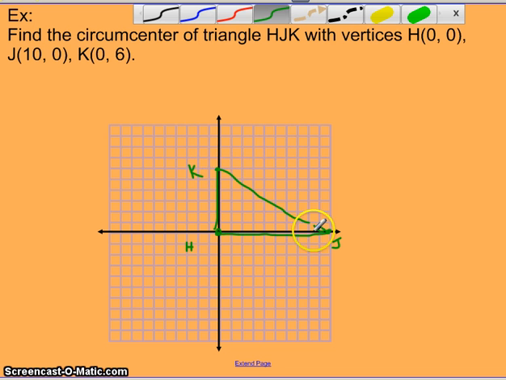The hard one would be the hypotenuse of this right triangle, to figure out where I need to draw the line this way, which I could count some rise over run, and then I could flip it and change the sign of it, so it wouldn't be that bad to figure out the slope of it. And then I could use the midpoint formula to figure out where the midpoint is and just start from the midpoint counting my rise over my run.